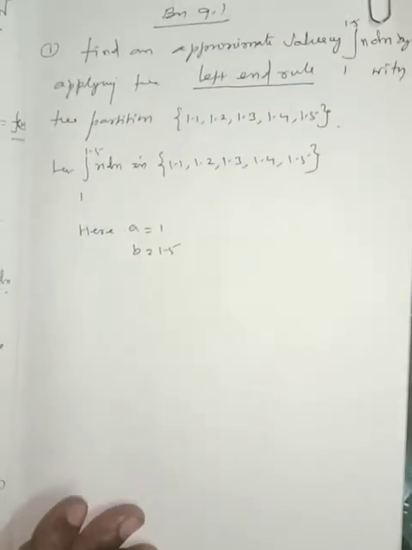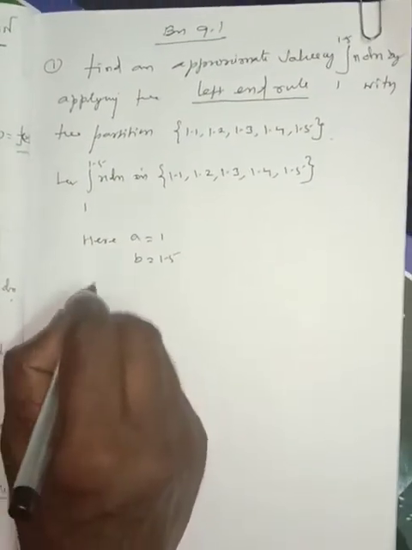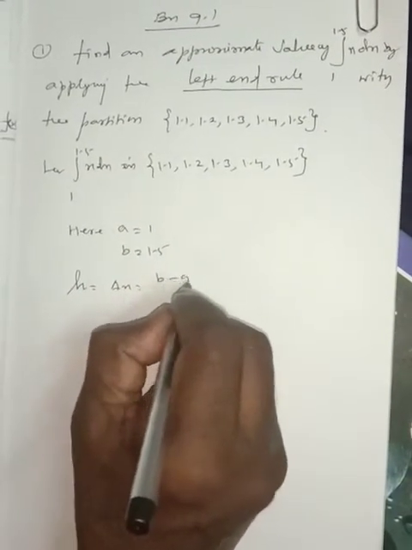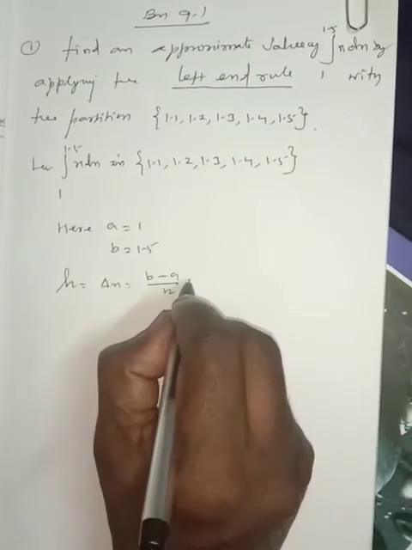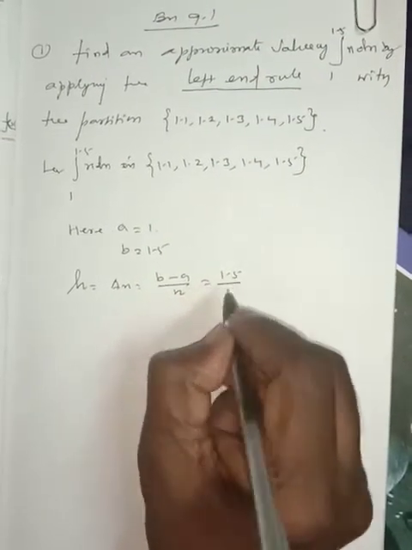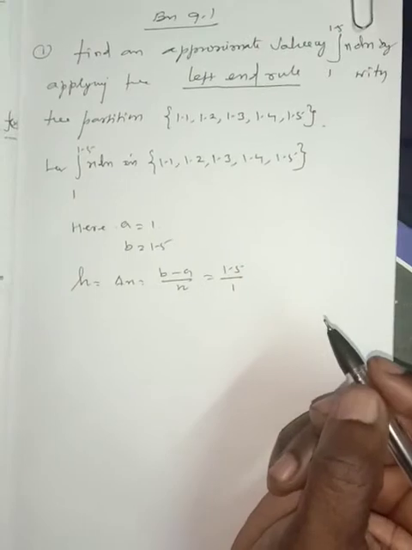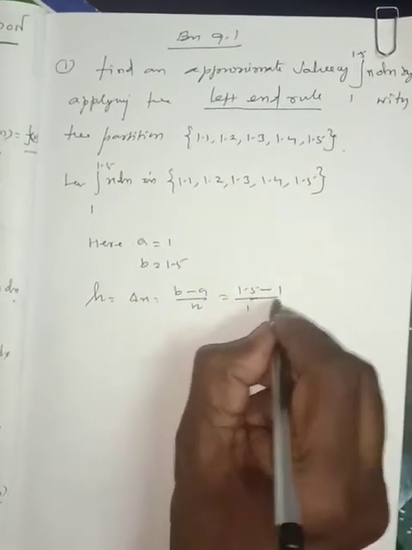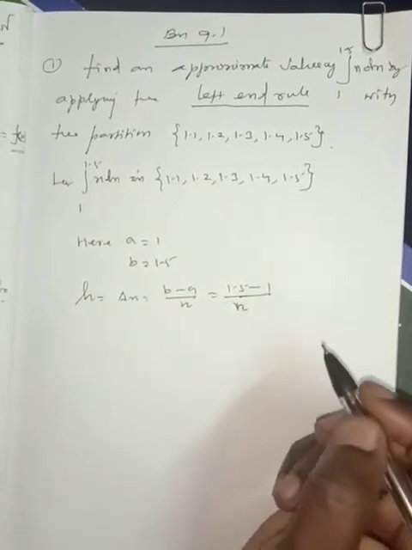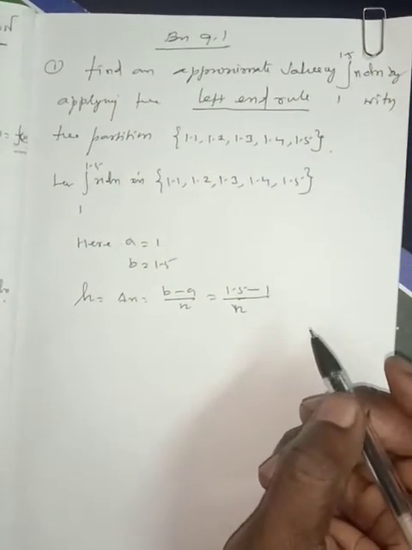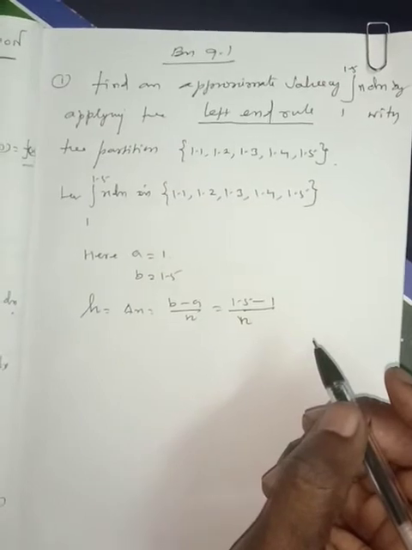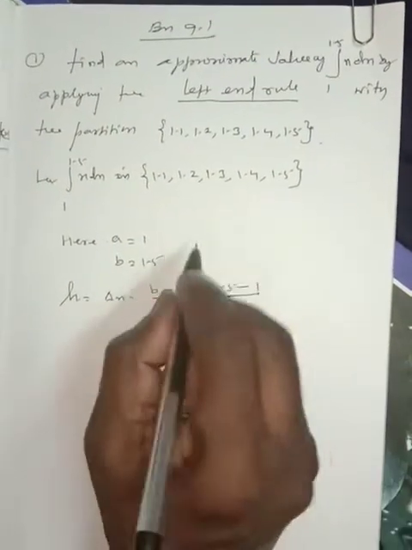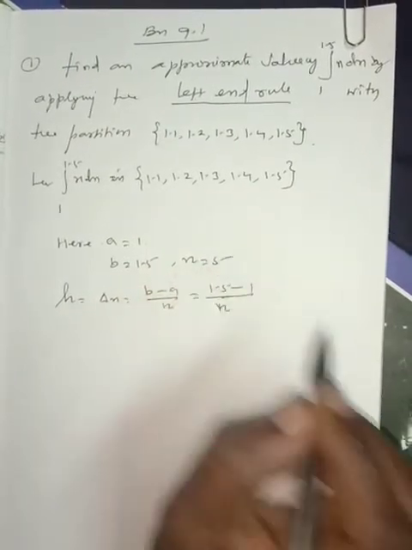Now del x is equal to (b minus a) divided by n. b is 1.5, a is 1, and n is 5, counting 1, 2, 3, 4, 5.